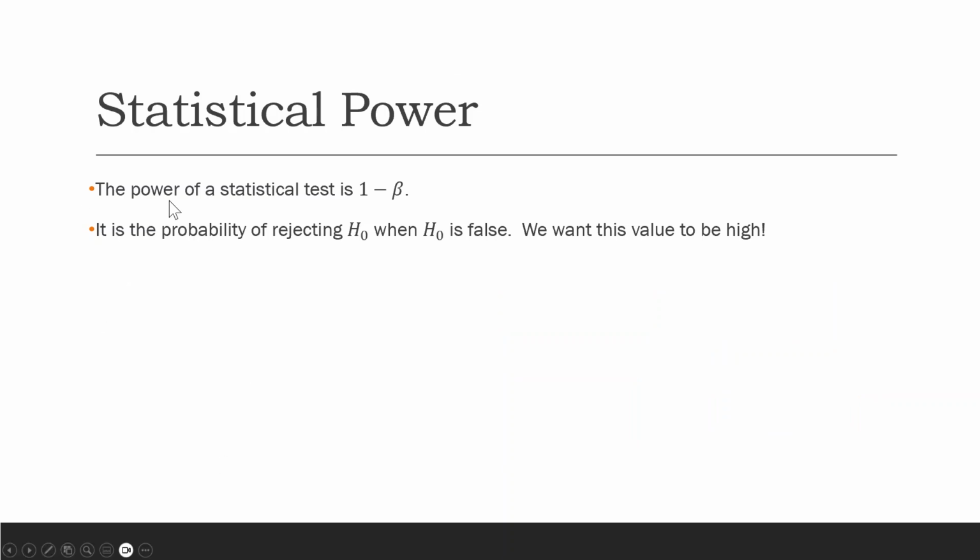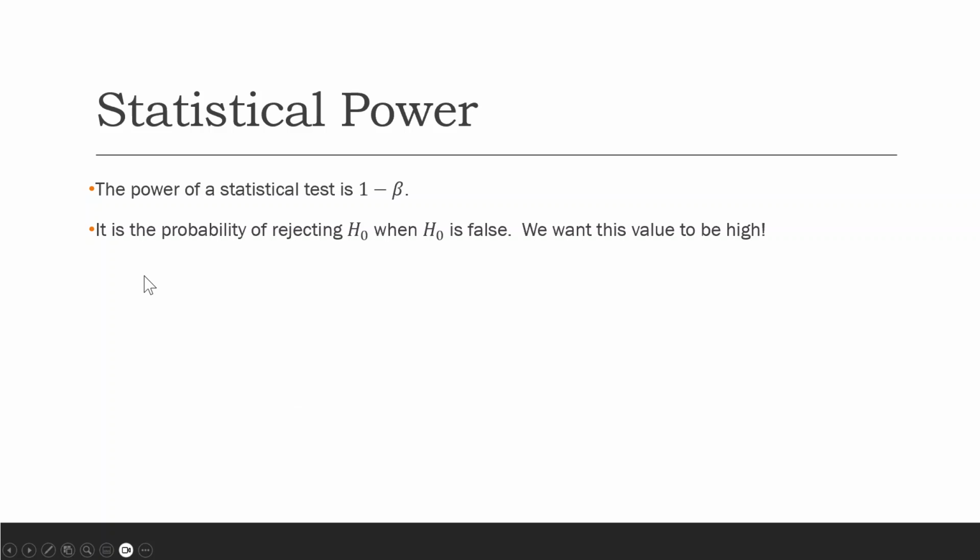It says the power of a statistical test is 1 minus beta. If you think in probability terms, 1 minus a probability represents the complement of something. So if I take 1 minus the type 2 error rate, I get a value equal to statistical power.